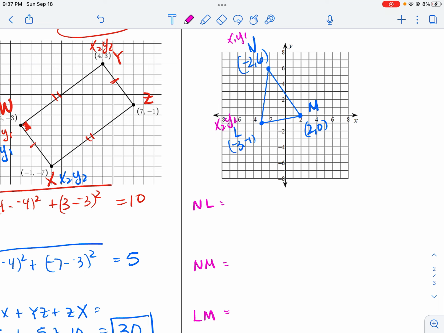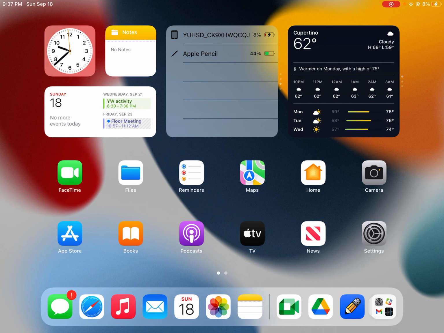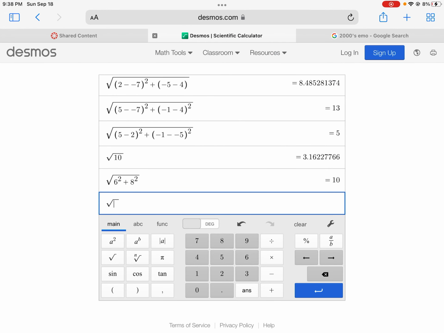So NL, we have -3 minus a -2 plus -1 minus 6. That's 1 plus 49. It's the square root of 50. So that's 7.07.